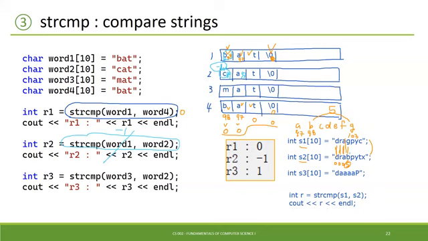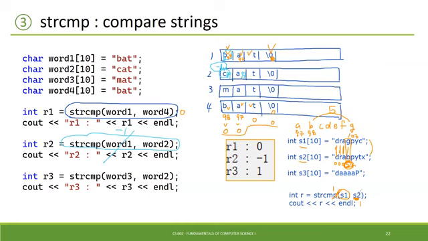At this point, there are 2 different letters, and the subtraction is 5. It is a plus number, then computer will return plus 1. So r is 1. And 1 means that the first word comes after the second one.